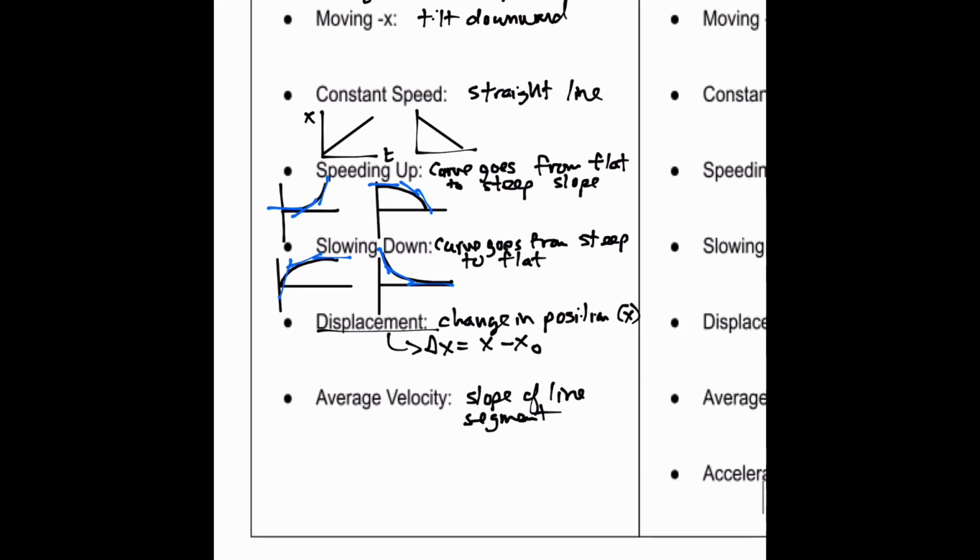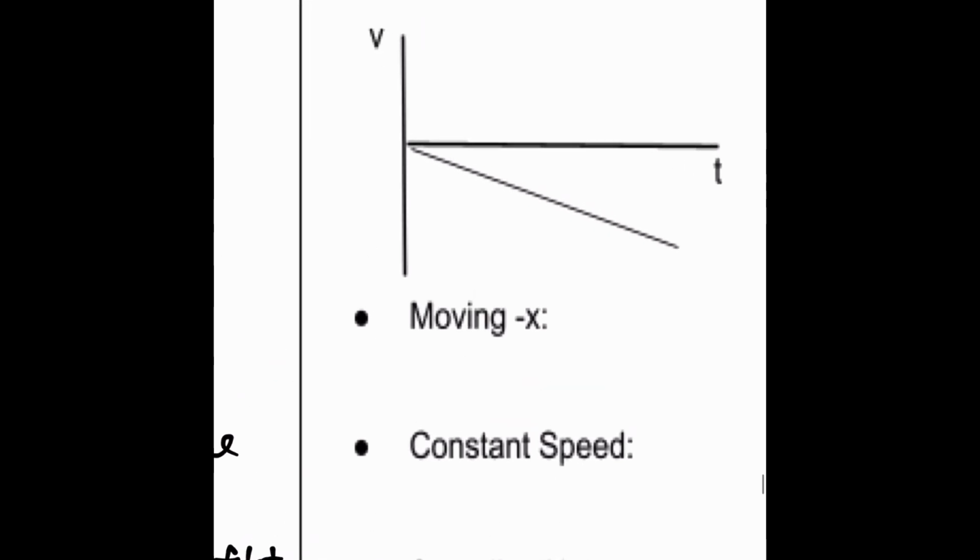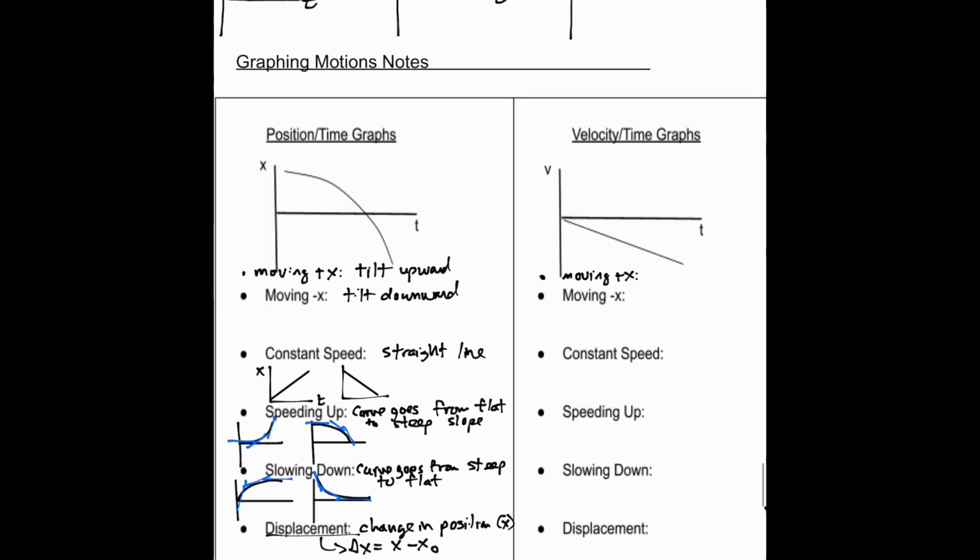Now, what about a velocity versus time graph? Here's one example right here, but there are many other ways we can draw a velocity time graph. So again, I'm going to start with moving in the positive x direction. When we're moving in the positive x direction, a position time graph is tilted upward.